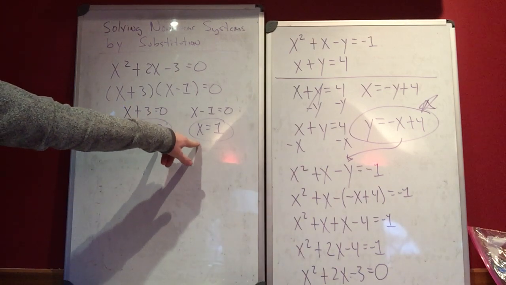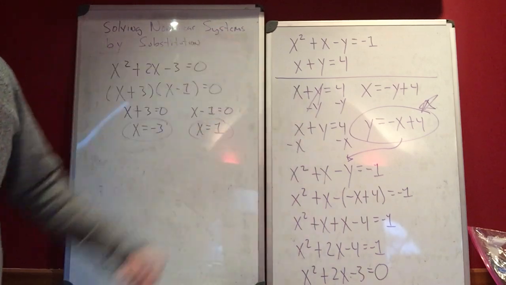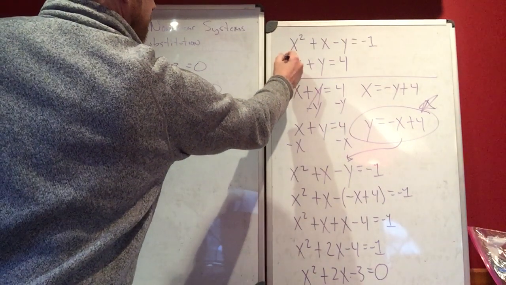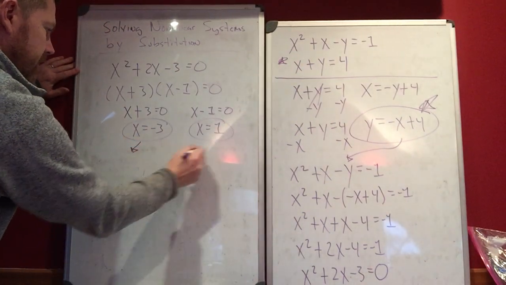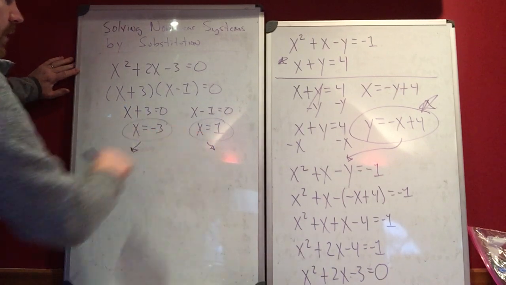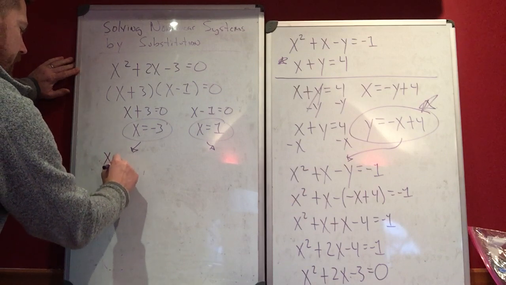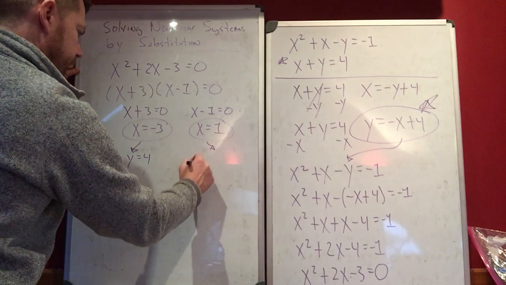Well, we have to use these and substitute them back into one of our initial expressions, right? Take the linear expression. It's a lot easier, right? So we have to basically run two cases. One where x is equal to -3, and one where x is equal to 1. So our linear expression is x plus y equals 4, right?